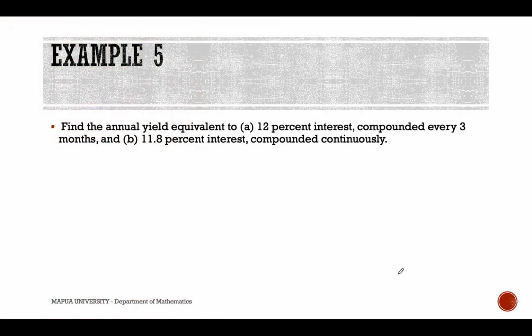Okay, so let's have an example. Find the annual yield equivalent to 12% interest compounded every 3 months. So the effective rate is equal to (1 + j/m)^m - 1.